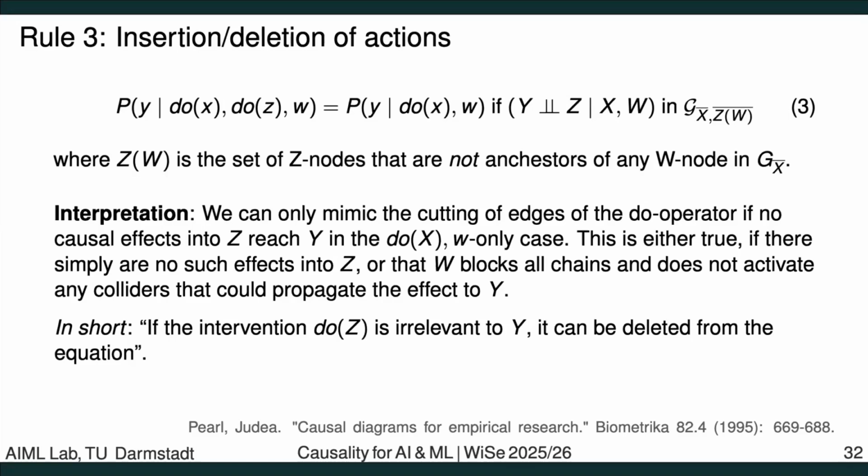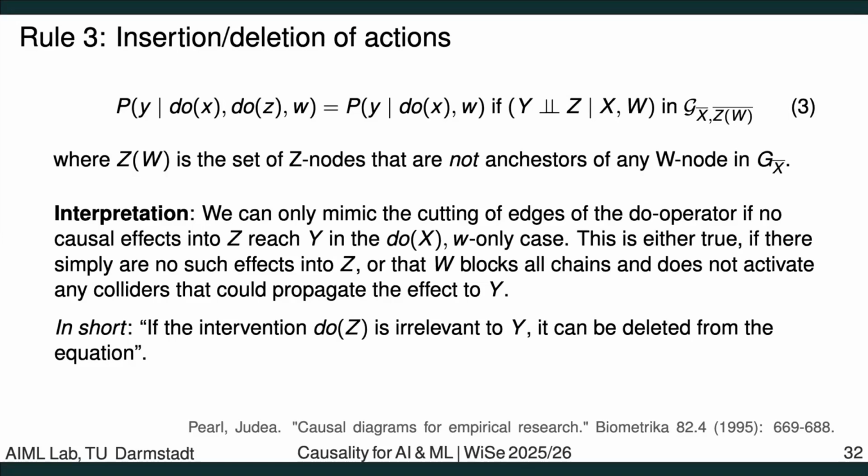Either there is no causal effect traveling through, or set is not affected by Y, or if it is not affected by X, sorry. But if it is affected by X, then at least we have no collider or nothing else. So this effect that goes through set does not reach Y, right?